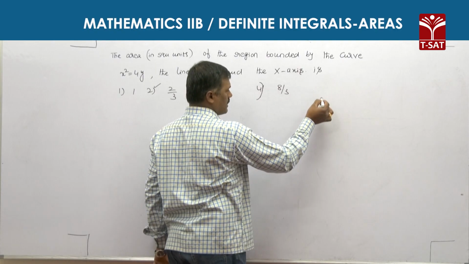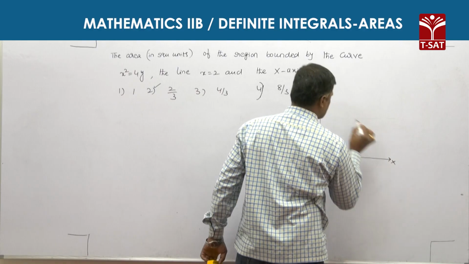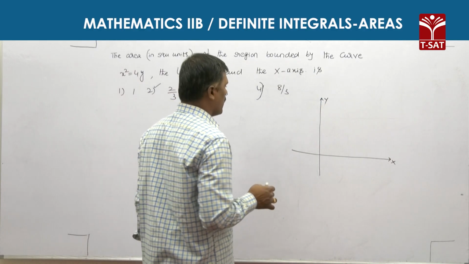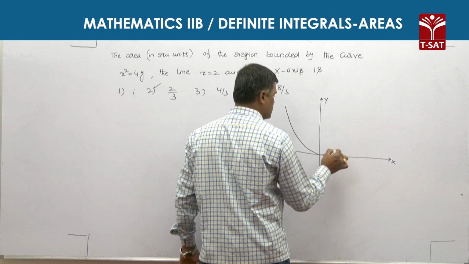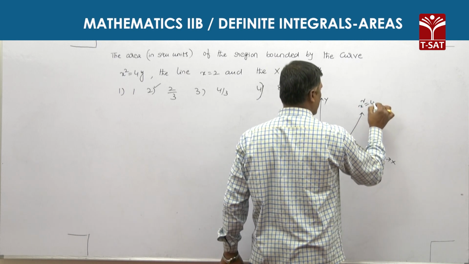So let's draw the diagram. First, x-axis, y-axis. The curve x square equal to 4y is in the form of x square equal to 4ay.